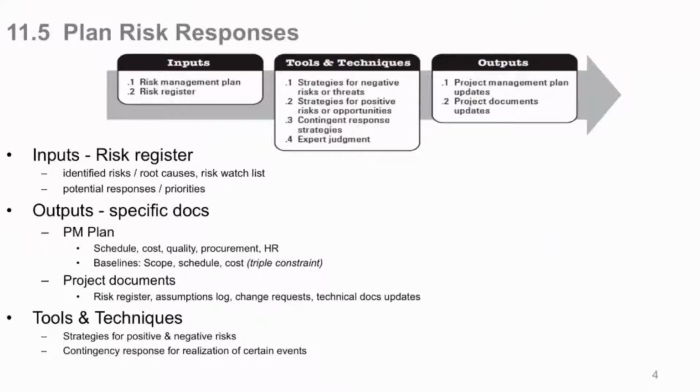Project documents, of course, your risk register might be updated and its companion assumptions log. There may be change requests that we're going to use as outputs to make adjustments or preventative actions or whatever we might need. Technical documents may be updated because risk may affect those. Whatever it is will be output as a project document.